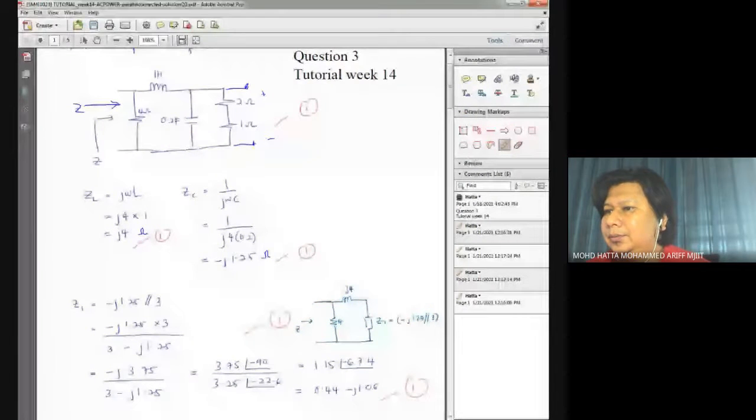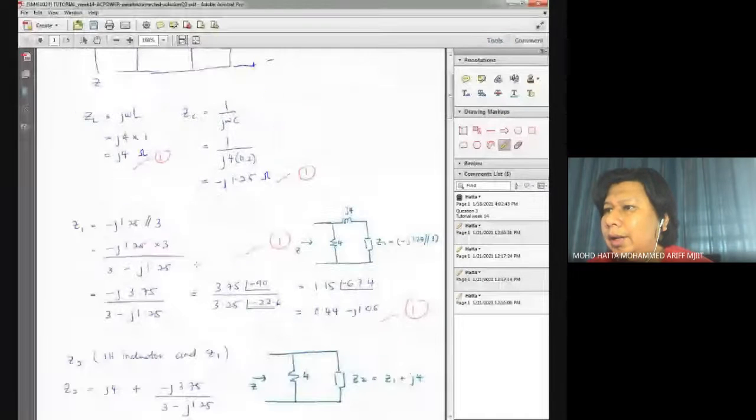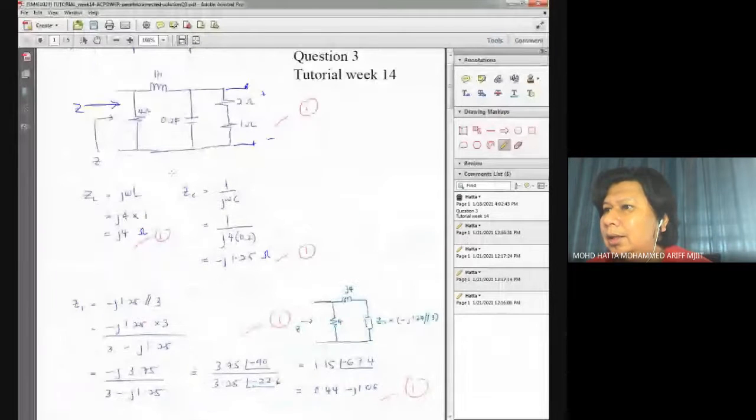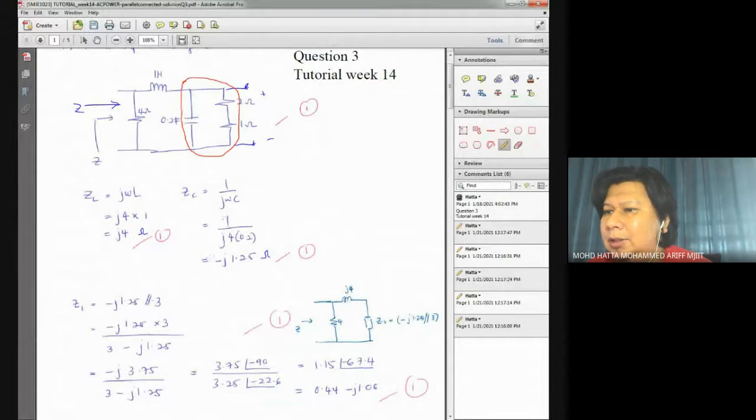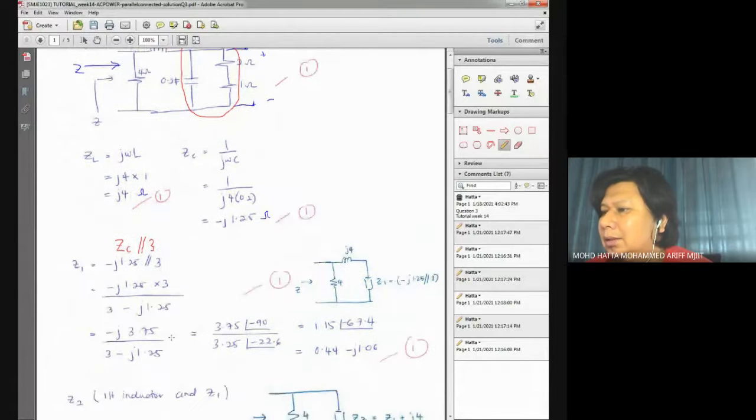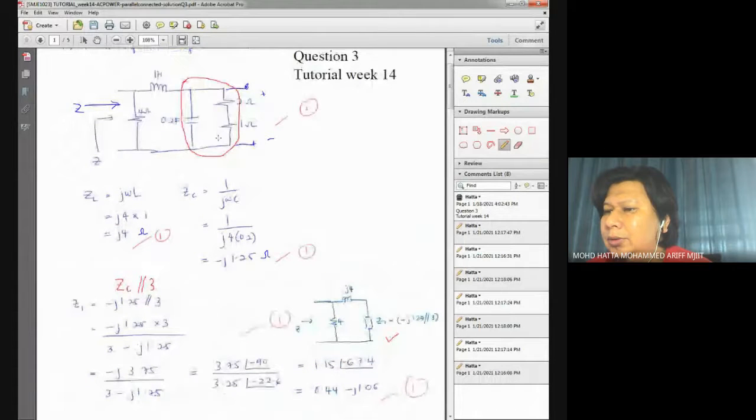All right, now looking at the circuit, you know that these two should be calculated based on parallel connected values. That's why you see here that we have ZC in parallel with 3 ohms. I have simplified it into this circuit. To combine these two, you need to use the parallel connection calculation.